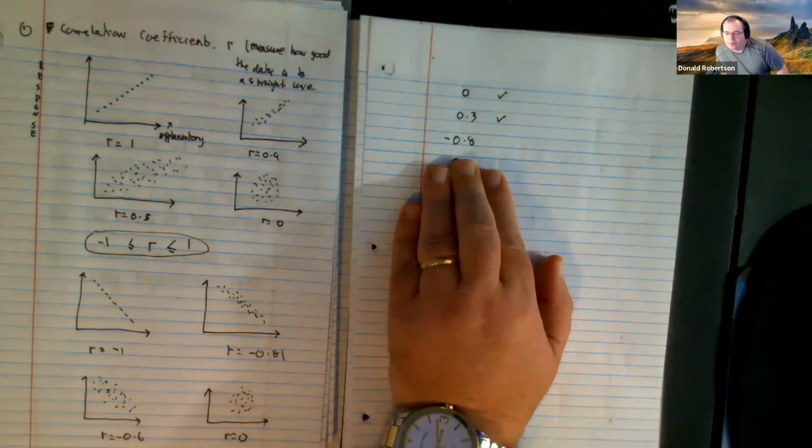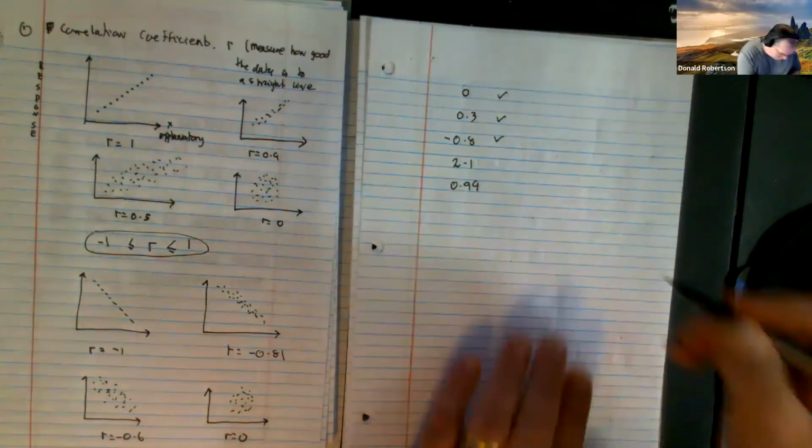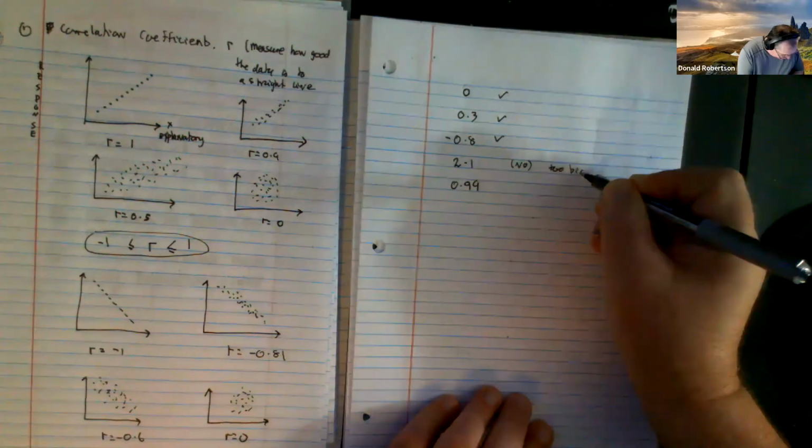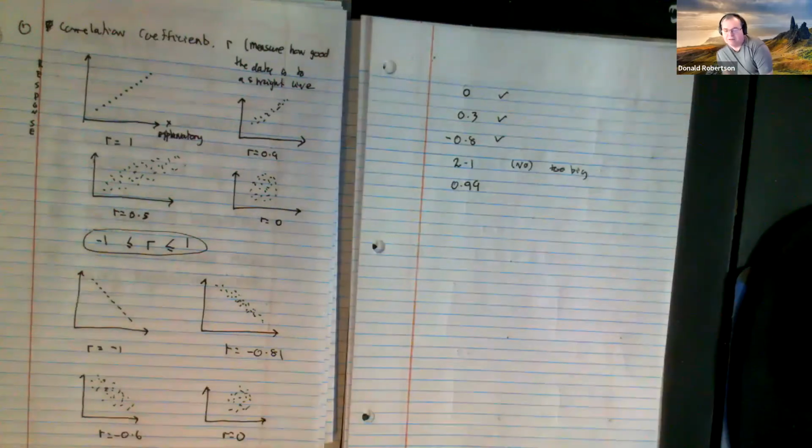How about -0.8? Could that be a... No. Why? It's too big. Isn't the biggest value of R 1? Could 0.99 be a correlation coefficient?